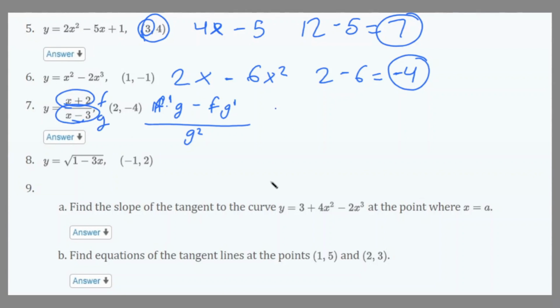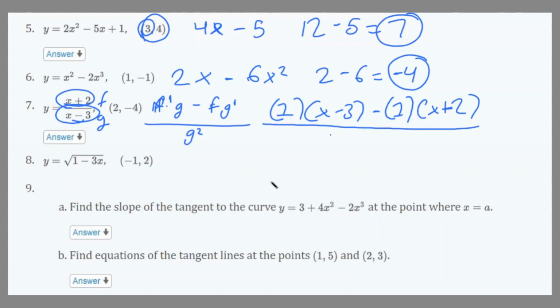So if we do that, the derivative of the top is just 1, times g, which is x minus 3, minus the derivative of g, which is also 1, times f, which is x plus 2, and then over x minus 3 squared.